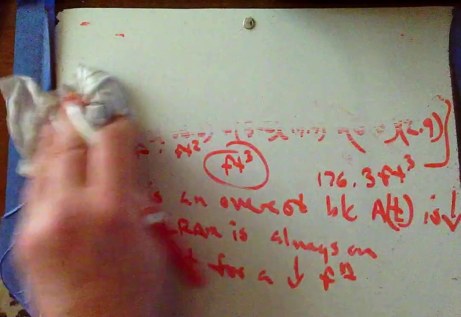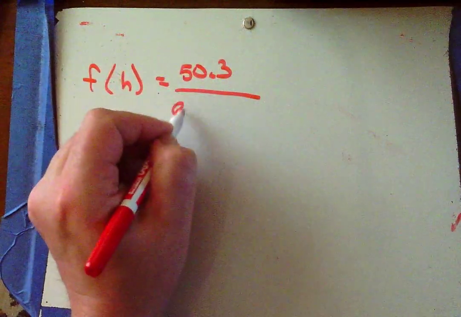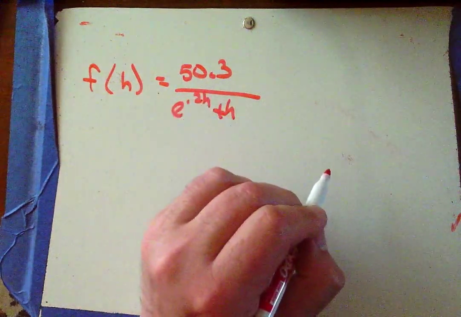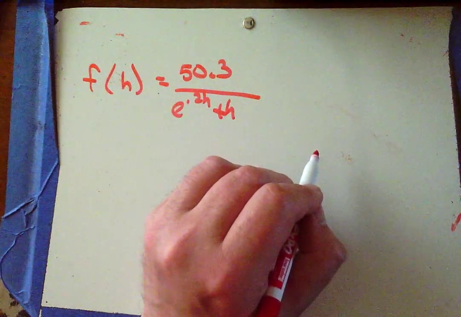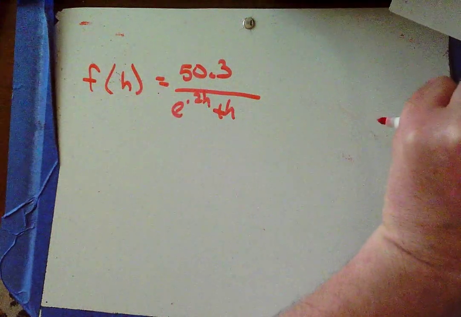Part C. The area in square feet of the horizontal cross section at height h is modeled by this function. F of h equals 50.3 e to the 0.2h plus h. Based on this model, find the volume of the tank. This is the area function.